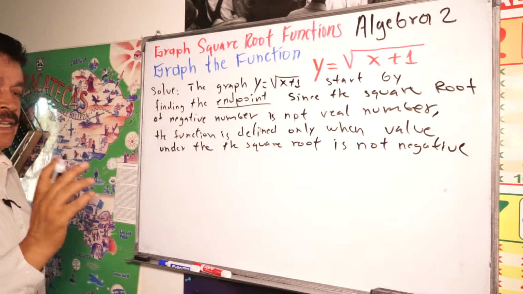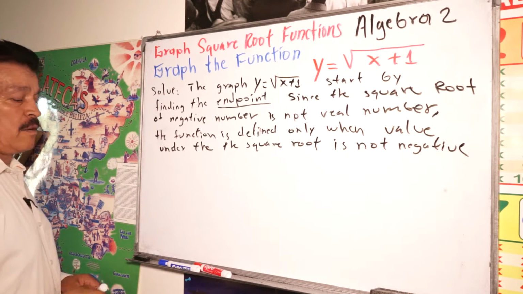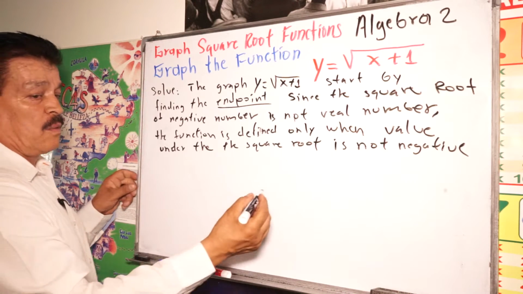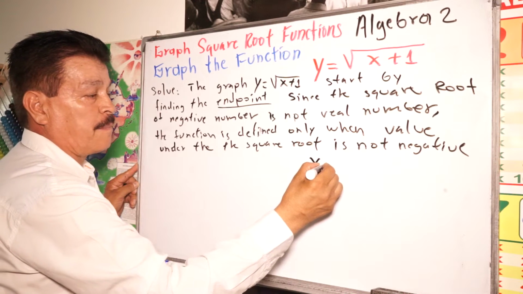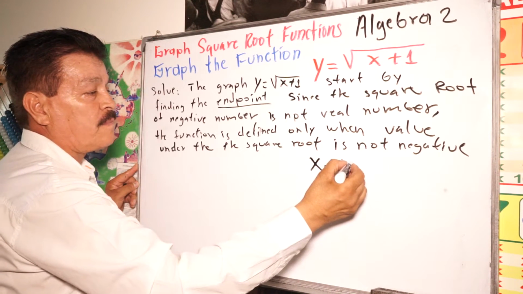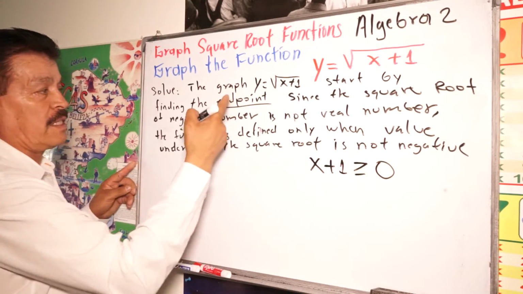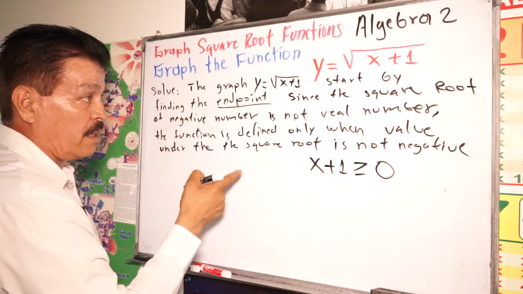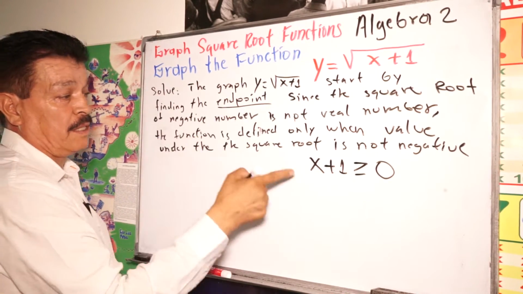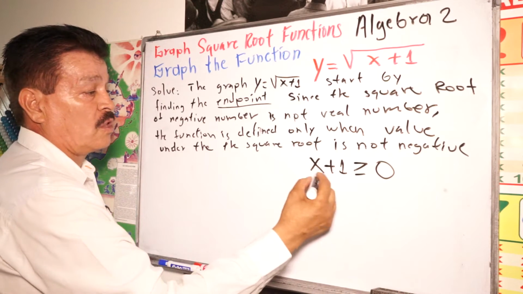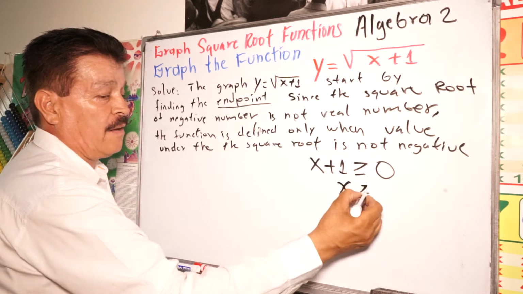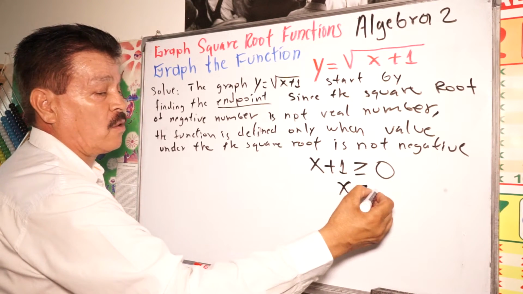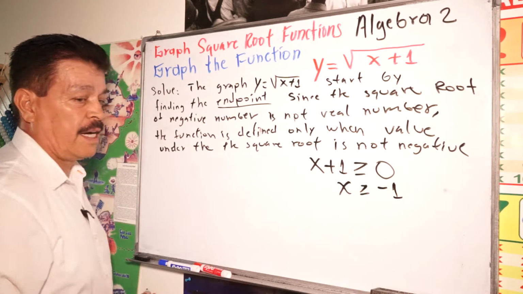All right, it's not negative. So in our problem, we will have x plus 1 greater than or equal to 0. This means, if you move the 1 to the other side, x is greater than or equal to negative 1.